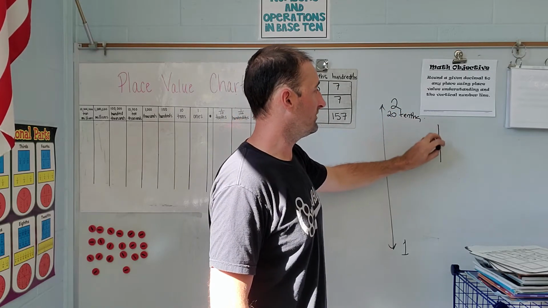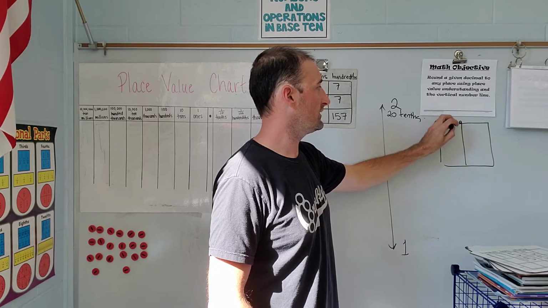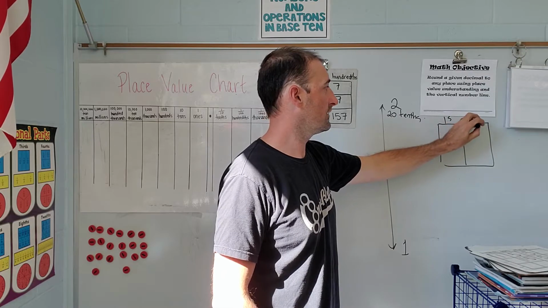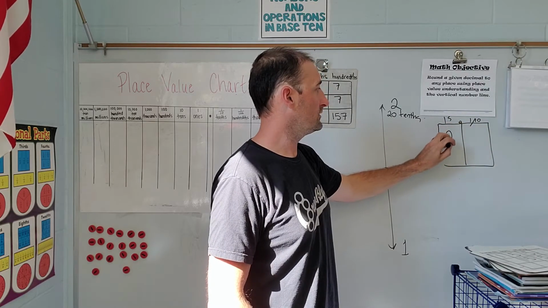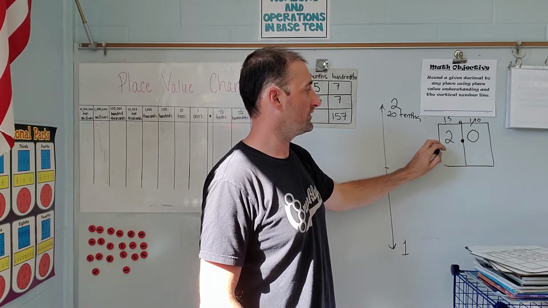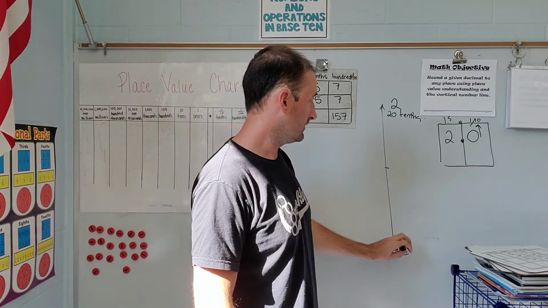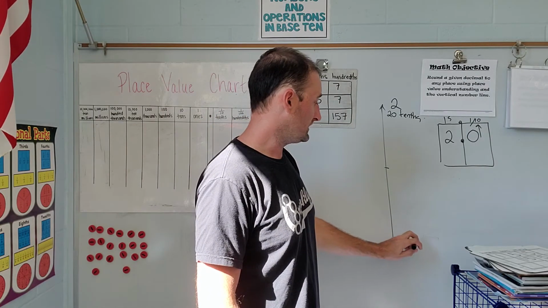And if you don't believe me, if we had a place value chart, and this was the ones, and this was the tenths, and I wrote 2, 2.0 is the same as 2, that's 20 tenths, right? And so 1 would be 10 tenths.